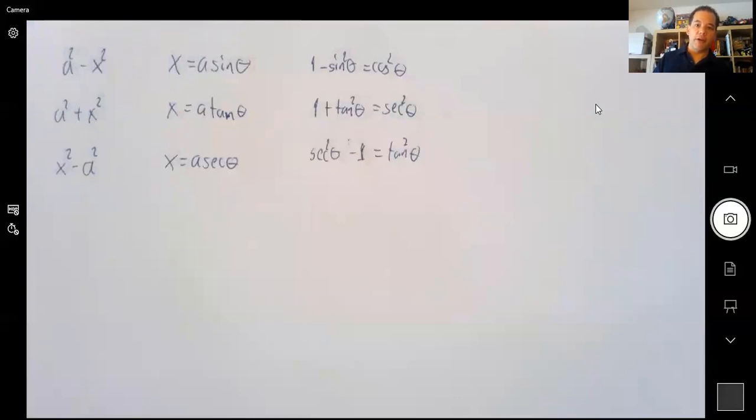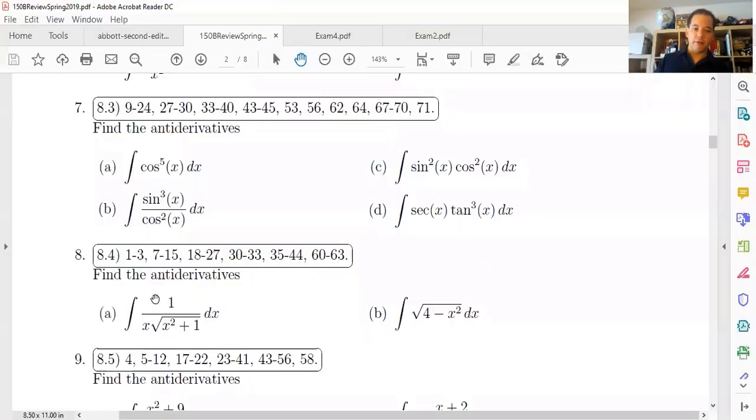So let's pick one of these. For instance, this one. So again, maybe we won't complete the problem. We just write it. So this is 8a. It's the integral of 1 over x square root of x squared plus 1. And what we're going to do is look at the transformation we need.